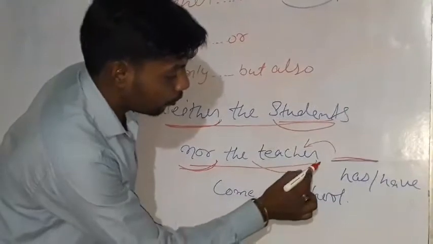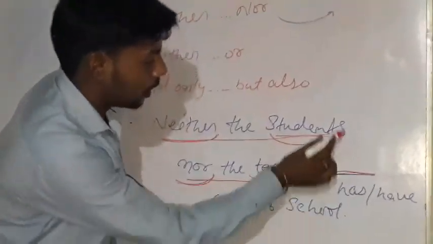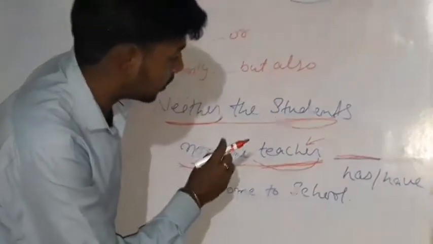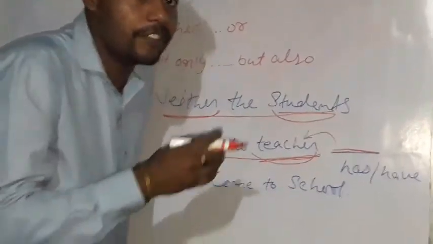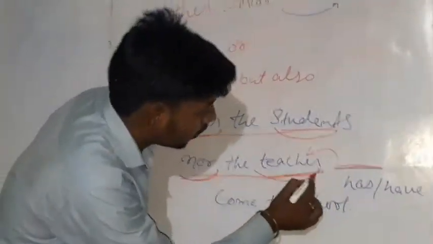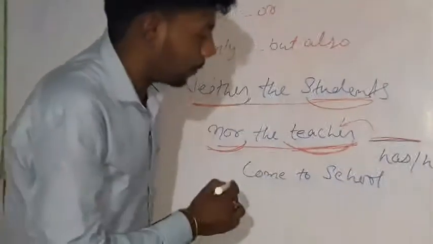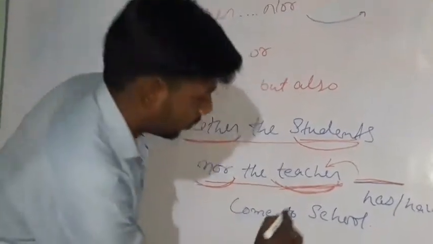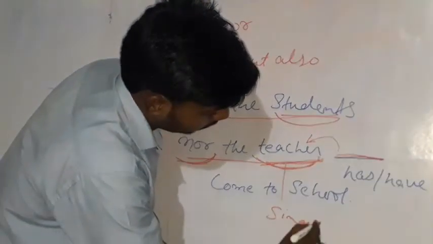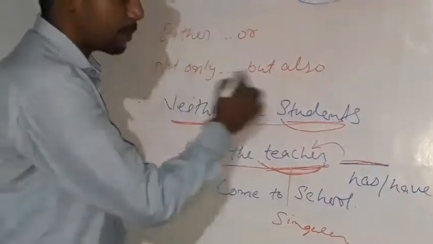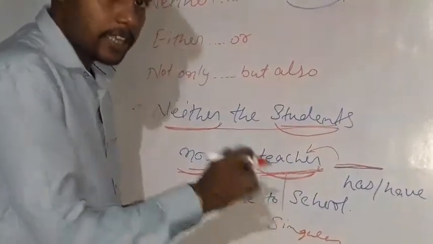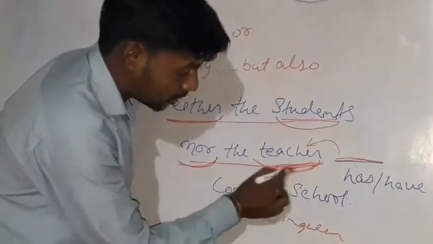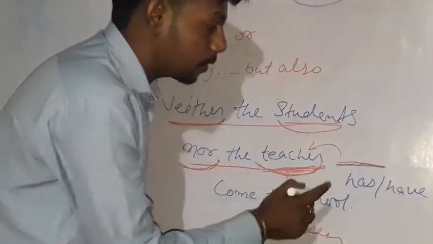So you have to decide the number of the subject, whether plural or singular, according to this noun. Teacher is singular. So the whole subject of the sentence should be considered as singular, so a singular verb is suitable.